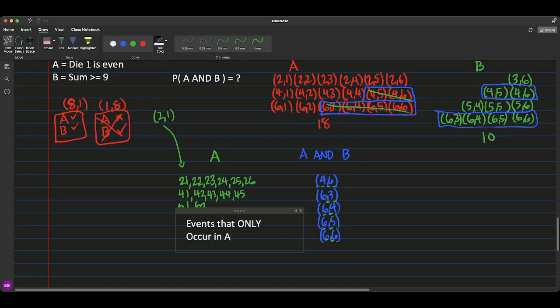Okay, we can do the same thing over here for events that only occur in B. That would be rolling a 3, 6. The 4, 5 and the 4, 6. Oh, I forgot the 4, 5, didn't I? Oh, no. 4, 5 is 9.